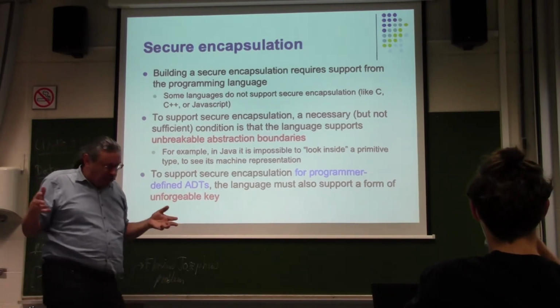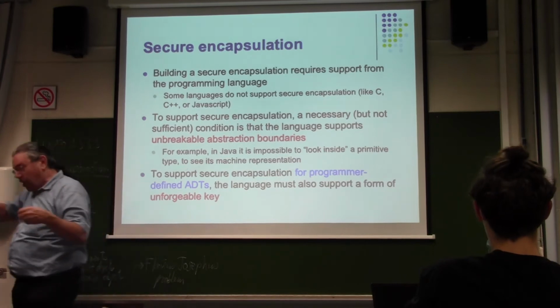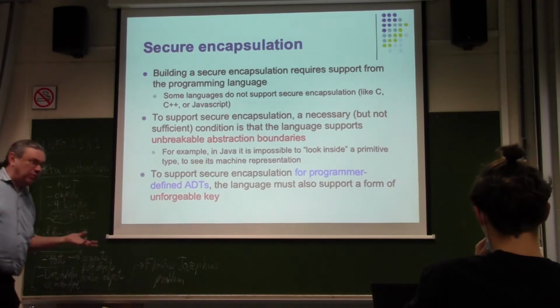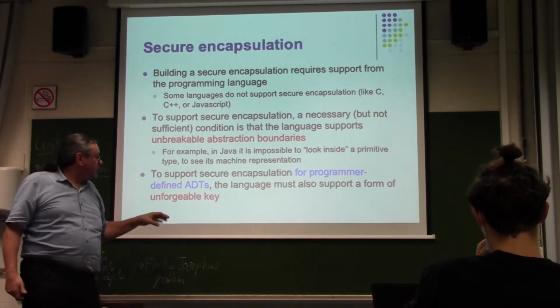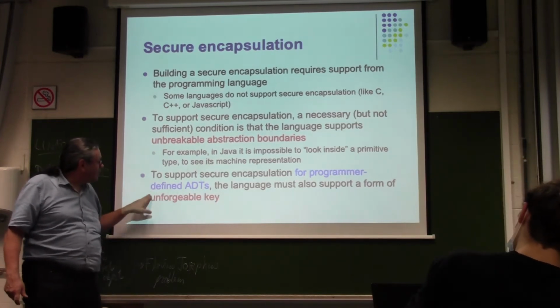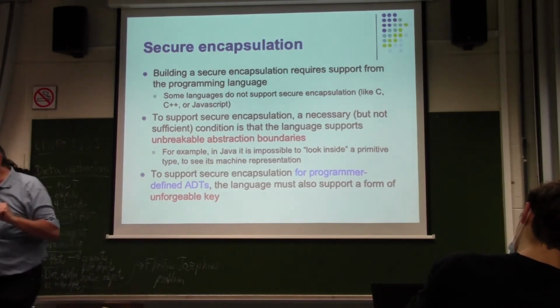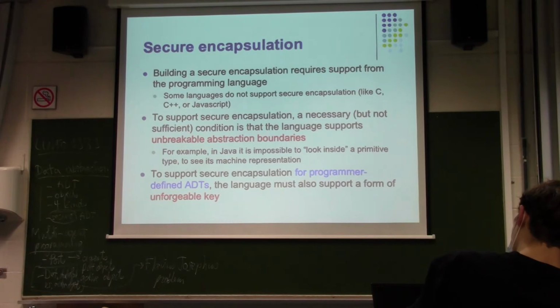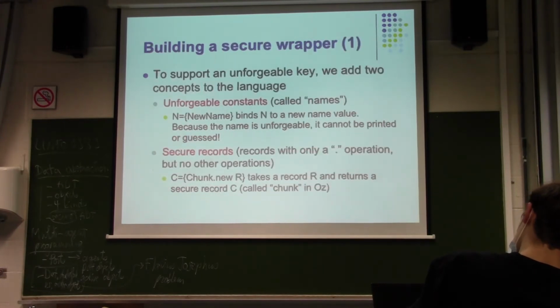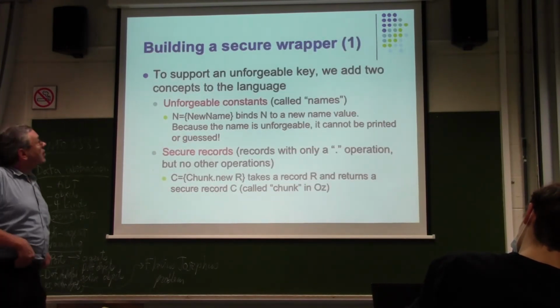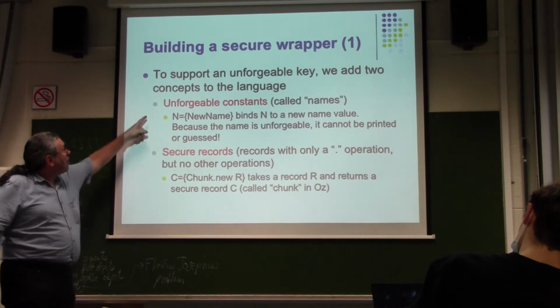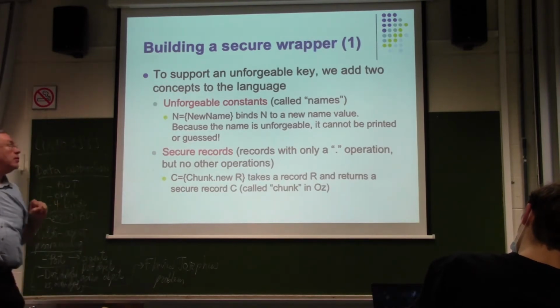I can take the integer 25, and any program anywhere can make 25. So it's not unforgeable. So I need a special kind of constant that cannot be forged. So we have to add that constant to the language.